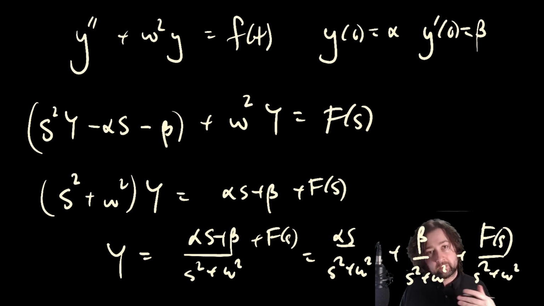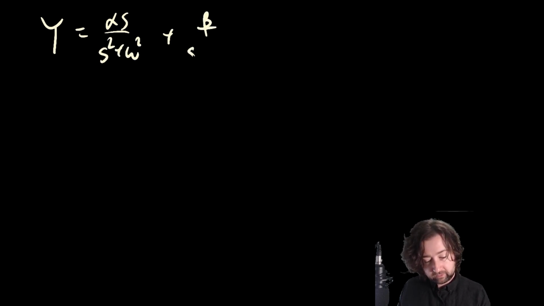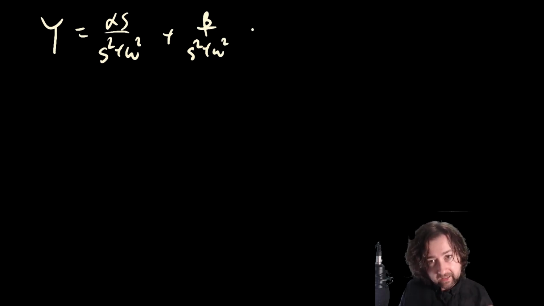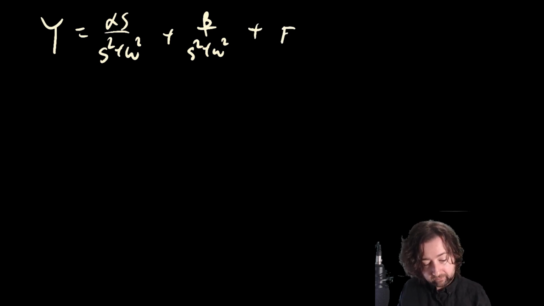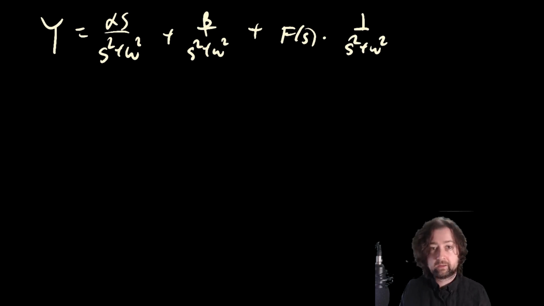How could I write down what its time domain solution is? If I start with Y equal to alpha s over (s squared plus omega squared) and beta over (s squared plus omega squared), and instead of thinking about the last term as F of s divided by (s squared plus omega squared), I'm going to think about it as F of s times 1 over (s squared plus omega squared).